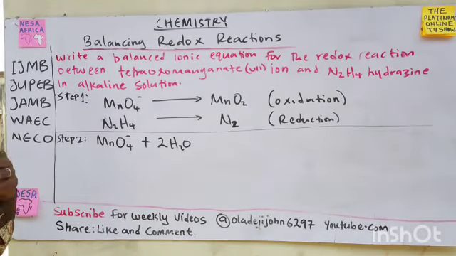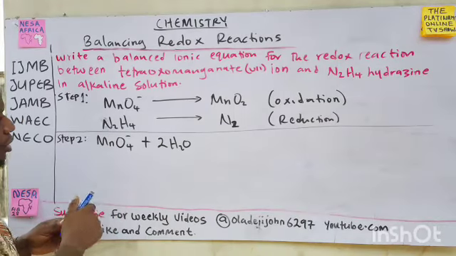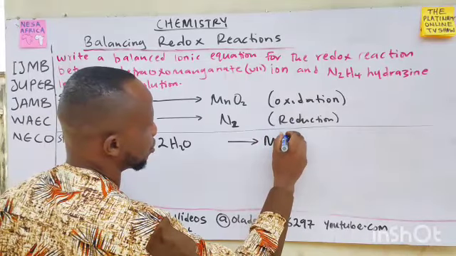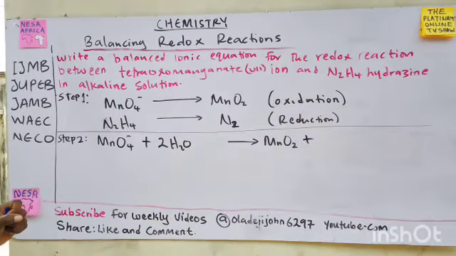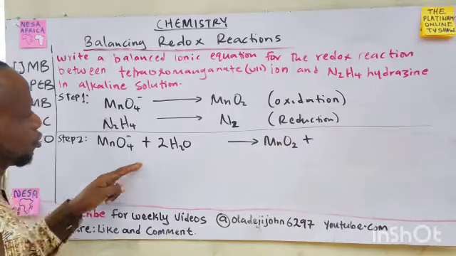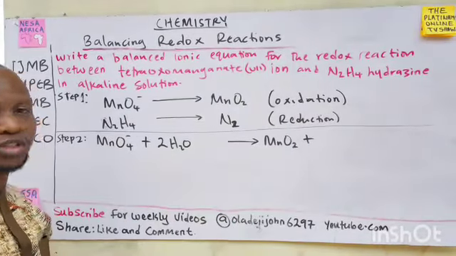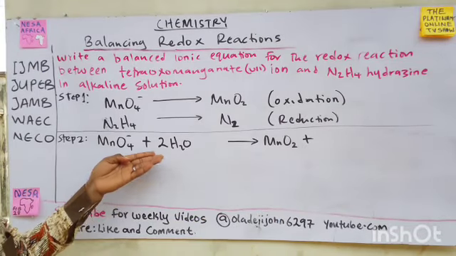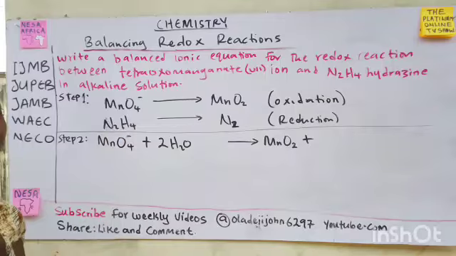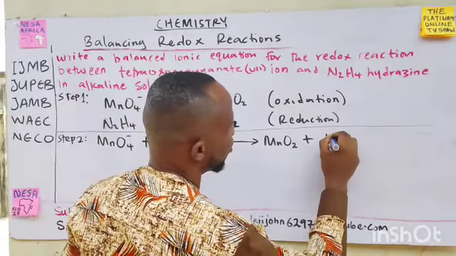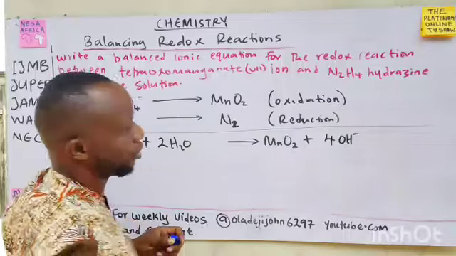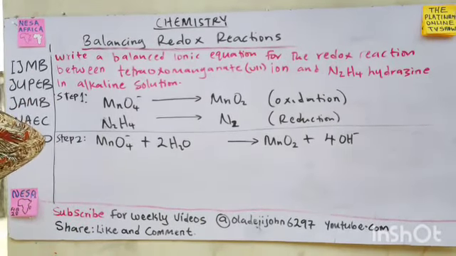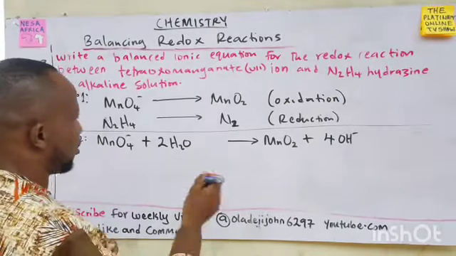Having done that, we look at the charge and balance it. What is it reducing to? MnO2 plus MnO2. Here we'll be adding the hydroxide ion. How much hydroxide are we going to be adding? From here we have 4, and from hydrazine we have 4 hydrogen, so we add 4 hydroxide ions.